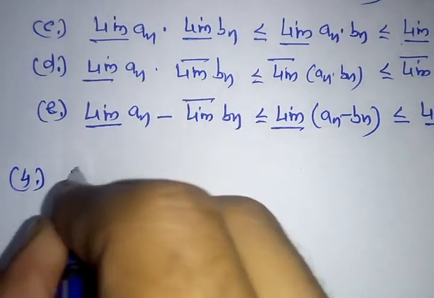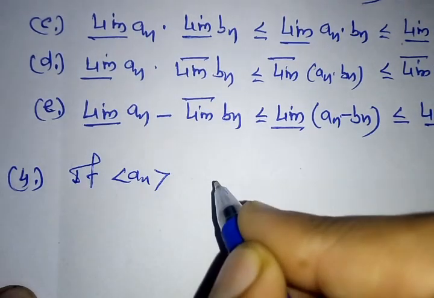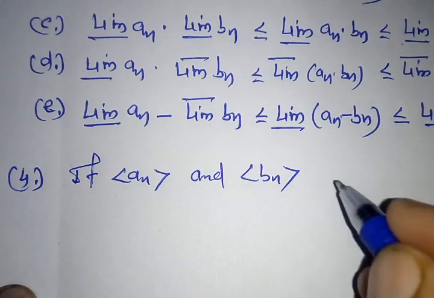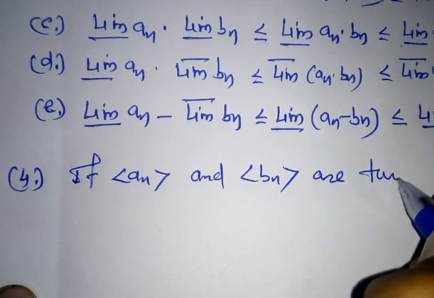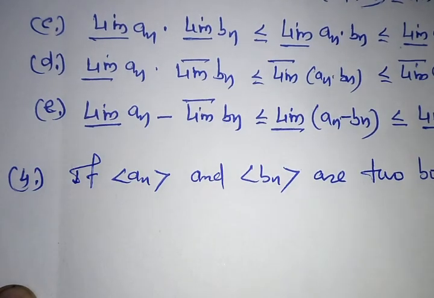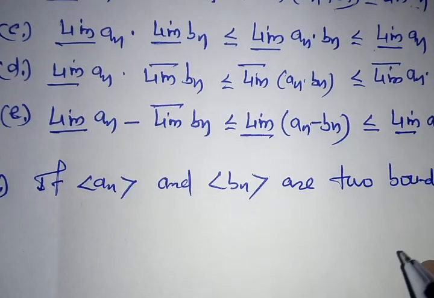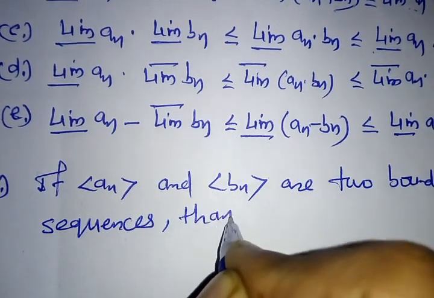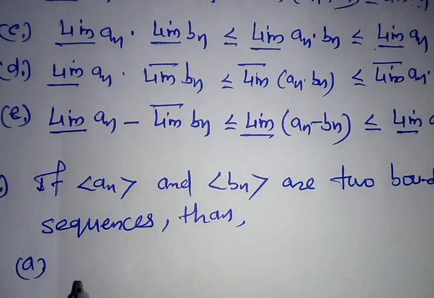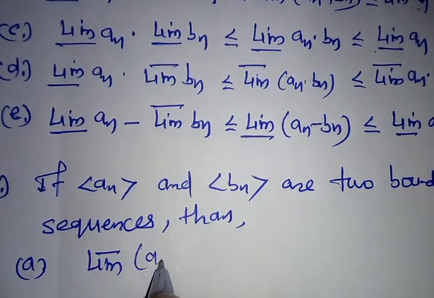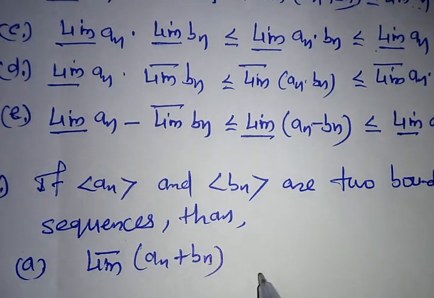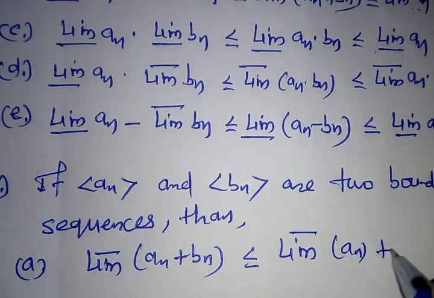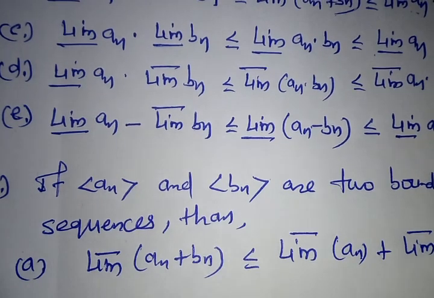If an and bn are two bounded sequences, then part a: limit superior of an plus bn is less than or equal to limit superior of an plus limit superior of bn.